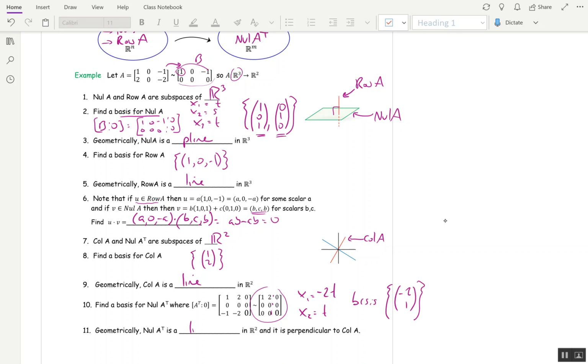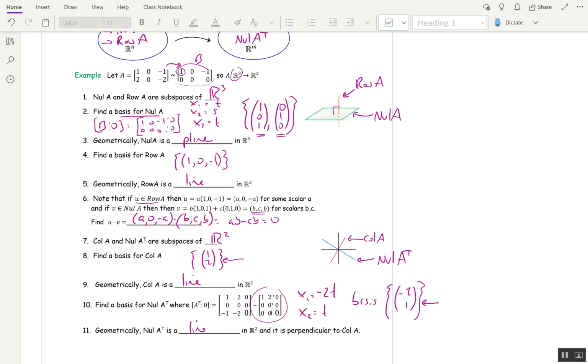Geometrically, again, that's a line in R2. And you can picture that as this blue line here. This is null A transpose. And you can see if you take any vector in this space and dot it with any vector in the space spanned by -2, 1, you're going to get 0. So those are orthogonal subspaces of R2.